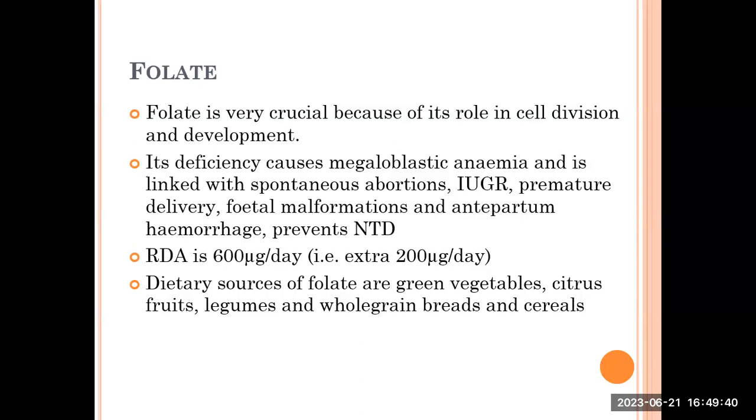It took a lot of research to realize that the neural tube defects that were very common in Caucasians at the time were not just some unexplained problem.